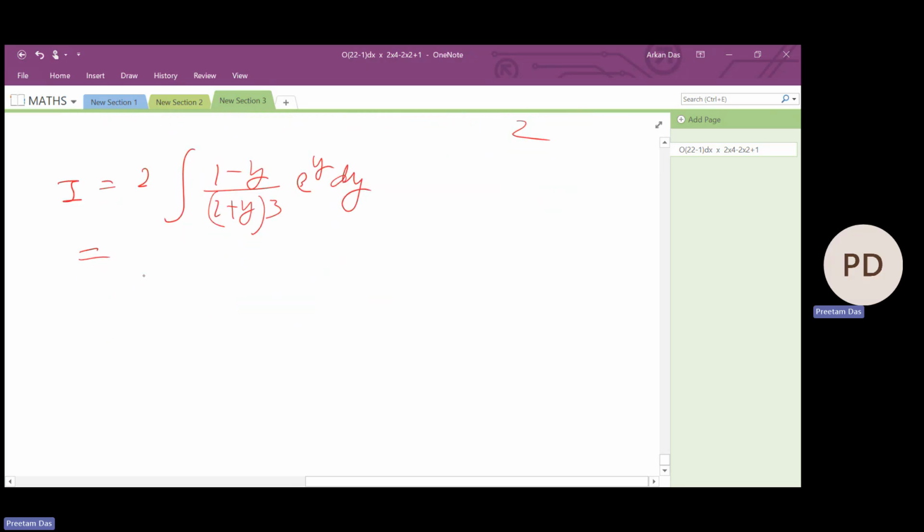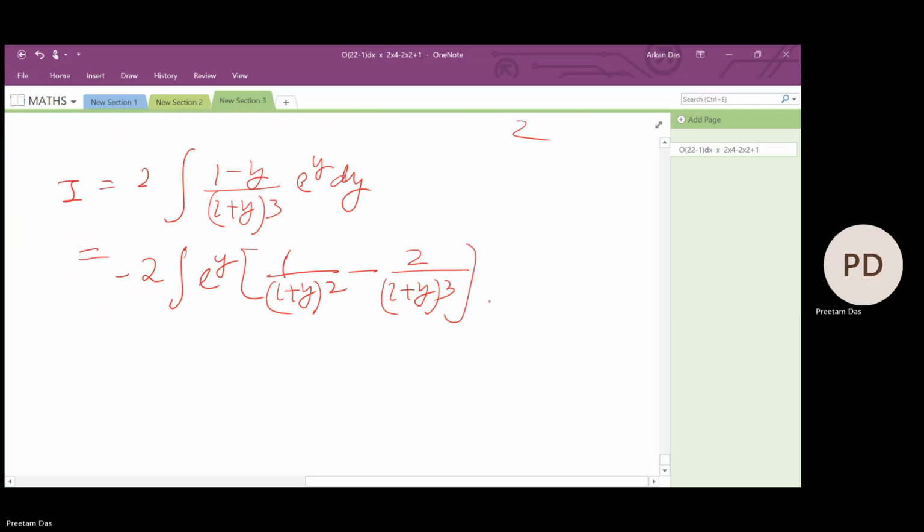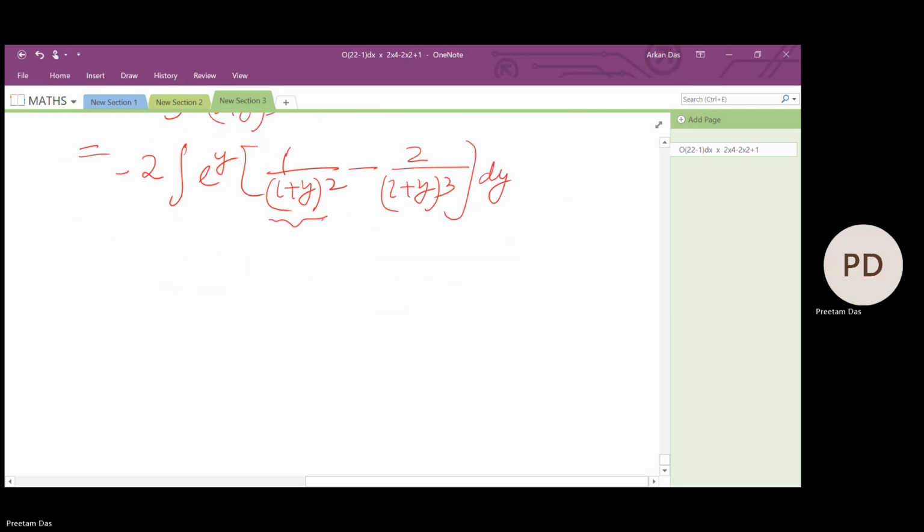By the property of by parts related to e power x. So when you simplify this, it becomes, if this is f of y, this entire thing is f dash y, including the minus.